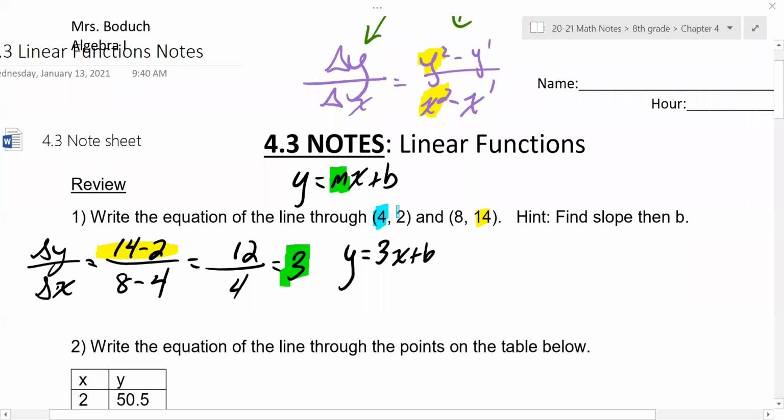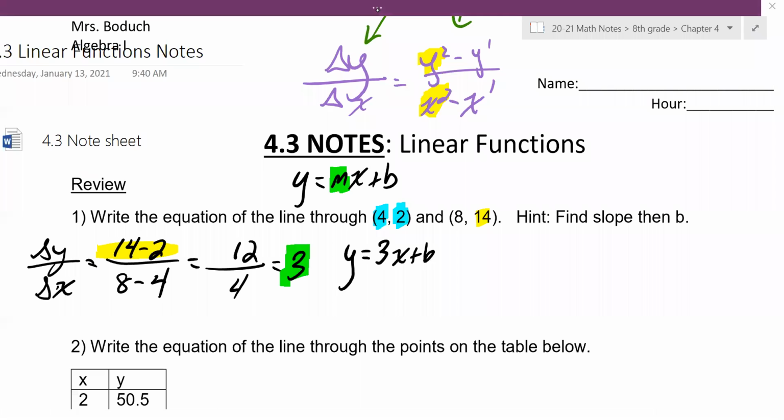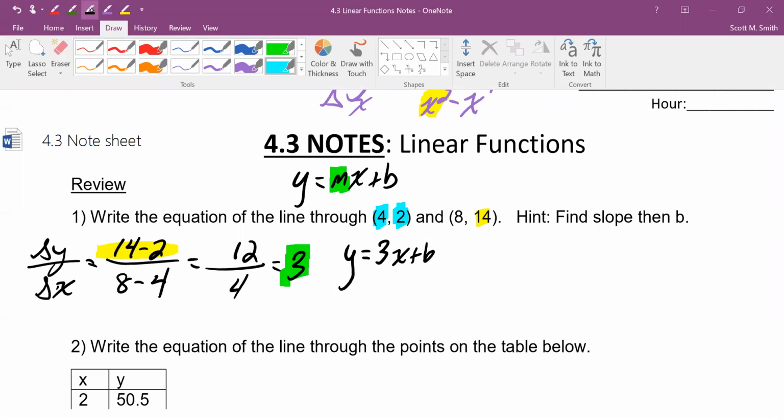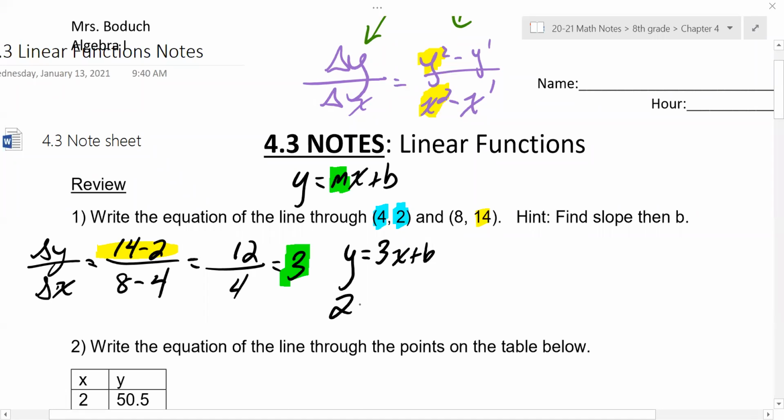Here's my x, there's my y, so I'm going to substitute those 2 in. 2 is equal to 3 times 4 plus b, because I know that that's a plotted point on the graph. I'm trying to find the y-intercept so I can complete the function.